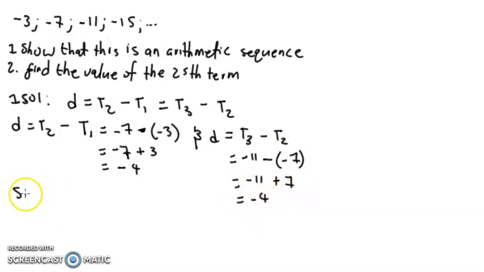So since d is equal to negative 4 on both sides, therefore this is an arithmetic sequence.